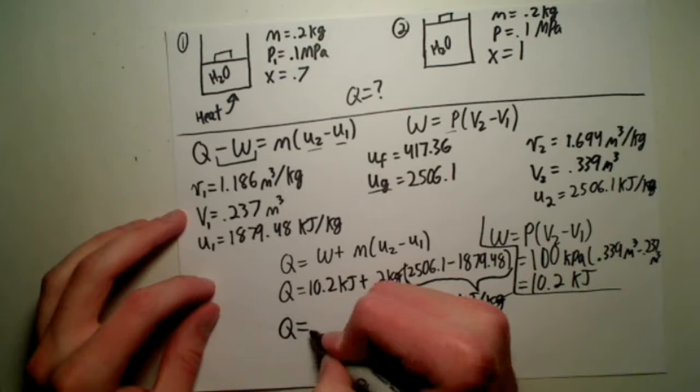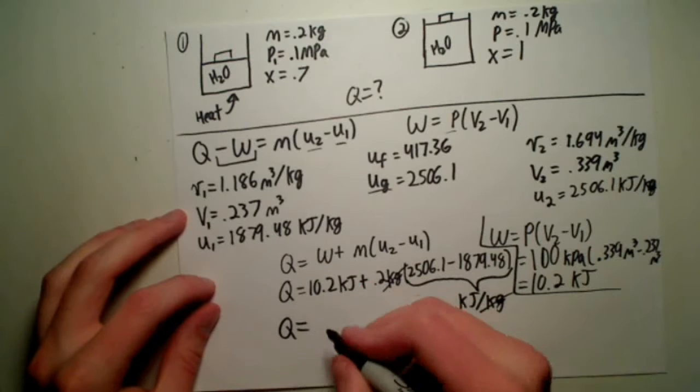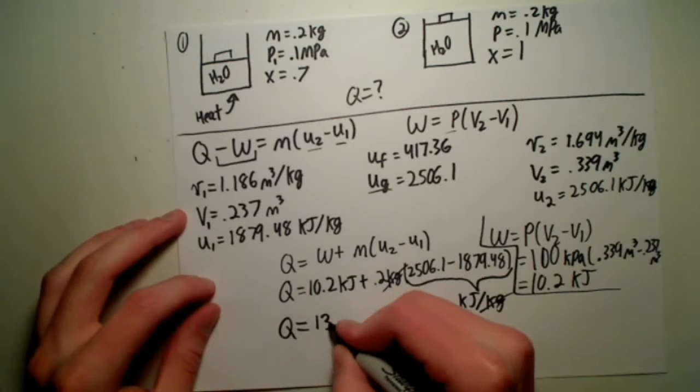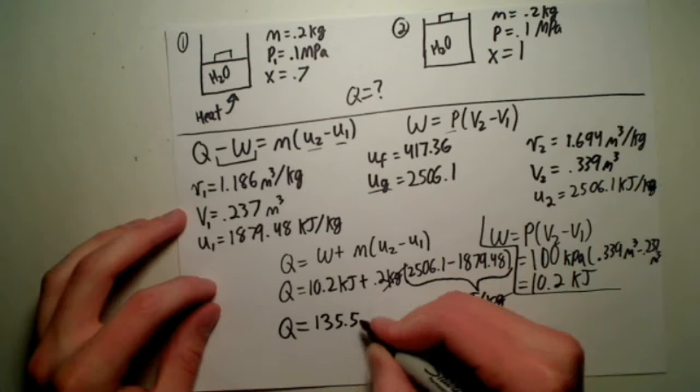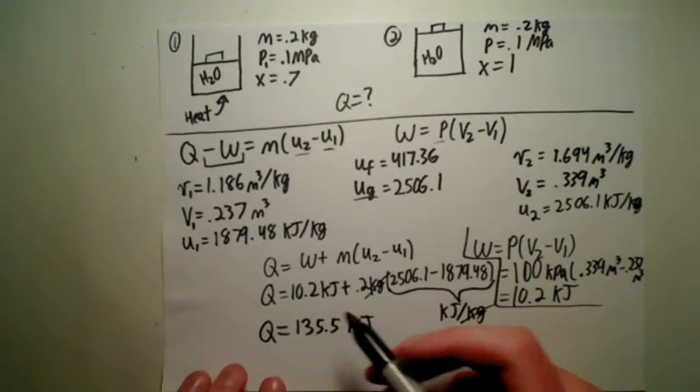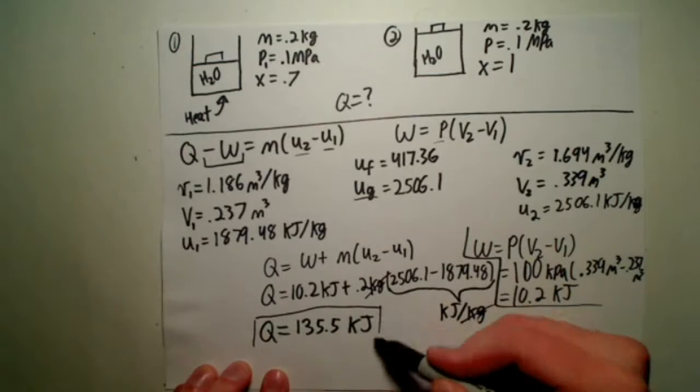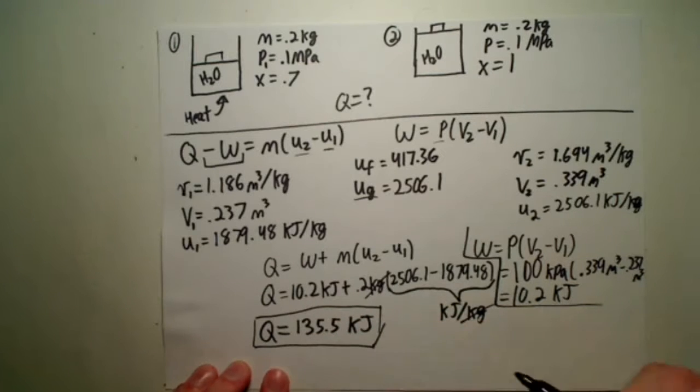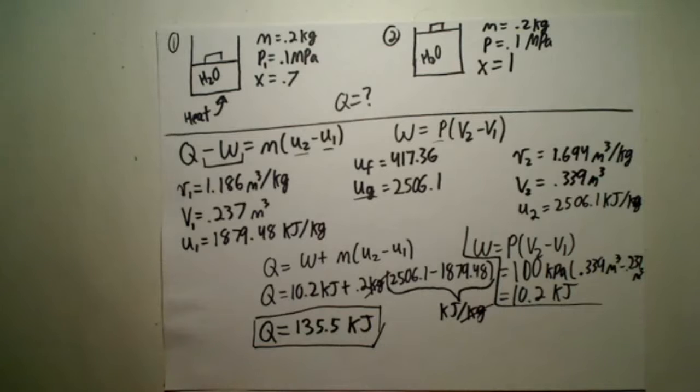So the heat transfer is 135.5 kilojoules, and that is how much heat we put into this system.